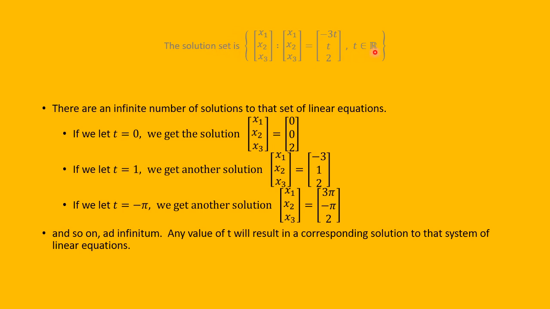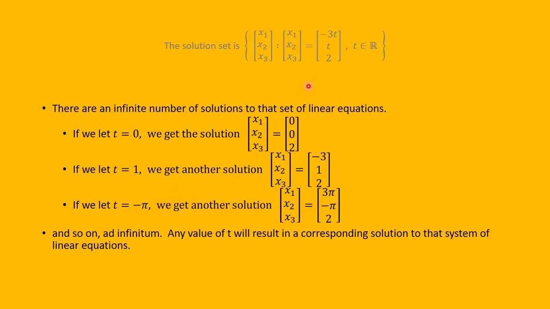Let's make sure that we understand why this gives us an infinite number of solutions. What happens if I let t be 0 in this vector? In that case, we get the solution 0, 0, and 2, which we have here. Suppose we let t equal 1 in this vector. Then we'll get minus 3, 1, 2, which we have right here.